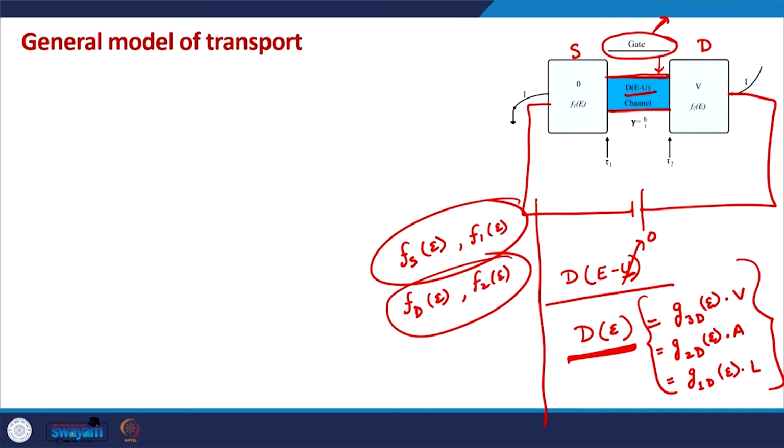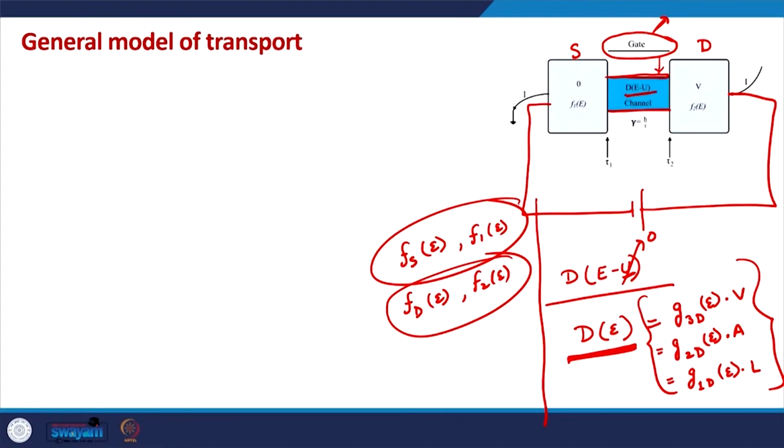But what happens when we connect the source to the channel? That is an important part actually, that is in transport, this interaction of contacts with the channel is of crucial importance.